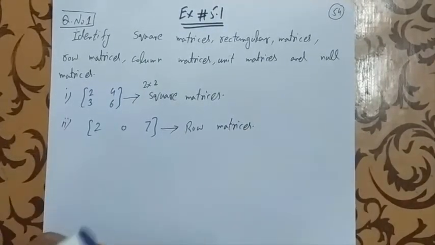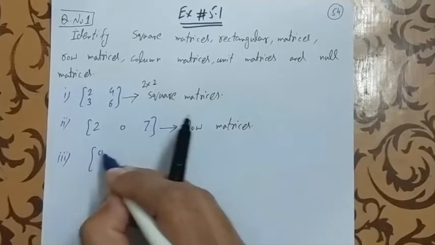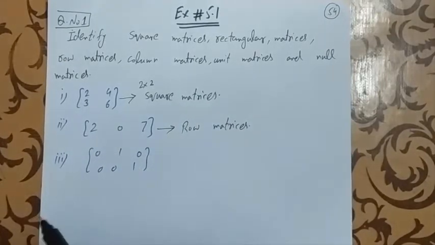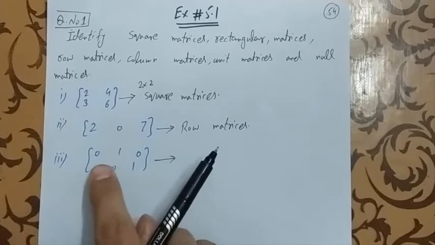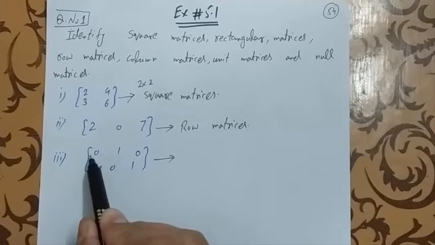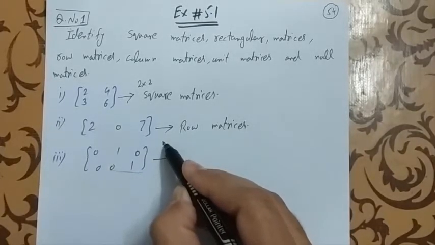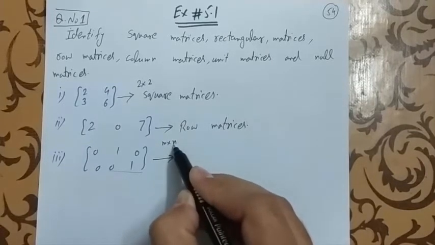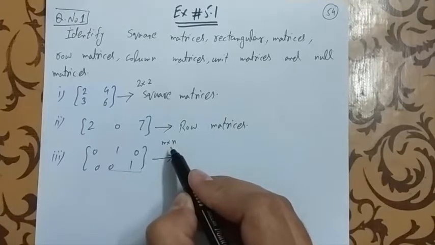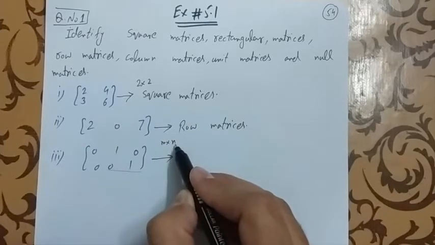Similarly, take 3, 0, 1, 0, 0, 0, 1. Identify this. Students, in this problem there are 2 rows and 3 columns, so we can say m by n. We know the general formula to find the order of any matrix is m by n, where m shows the number of rows and n shows the number of columns.